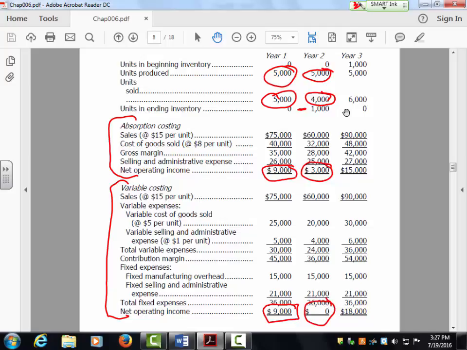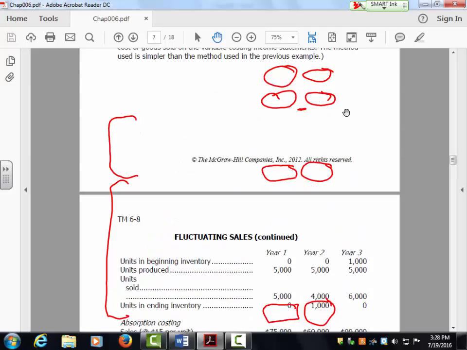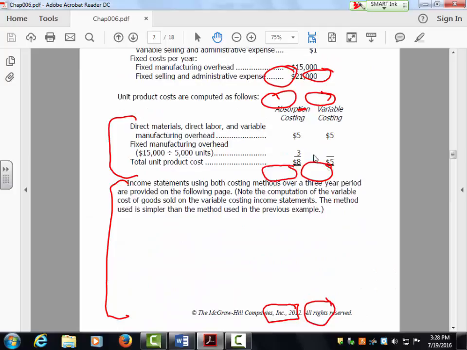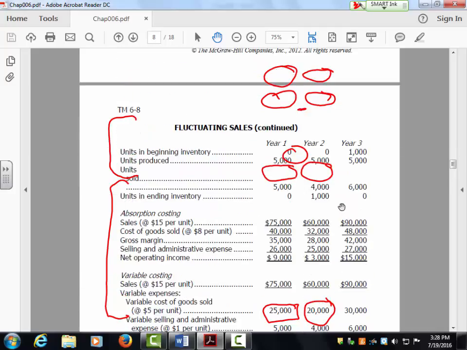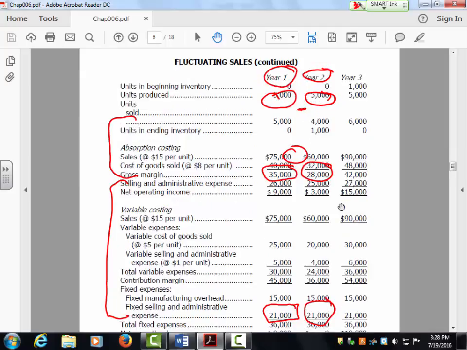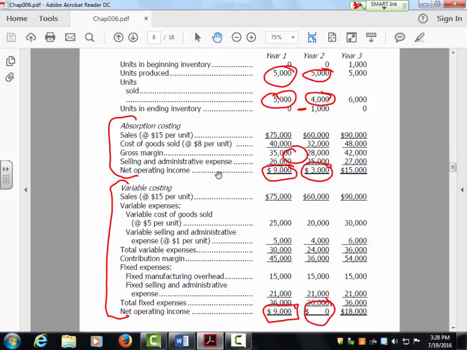And what you'll see if you look at the numbers up above, the fixed overhead is this $3. $15,000 in fixed overhead over the 5,000 produced. So when we look at this again, you'll see that there's 1,000 units at $3 per unit that doesn't hit the income statement, whereas all 15,000 does. Then the reverse is true.